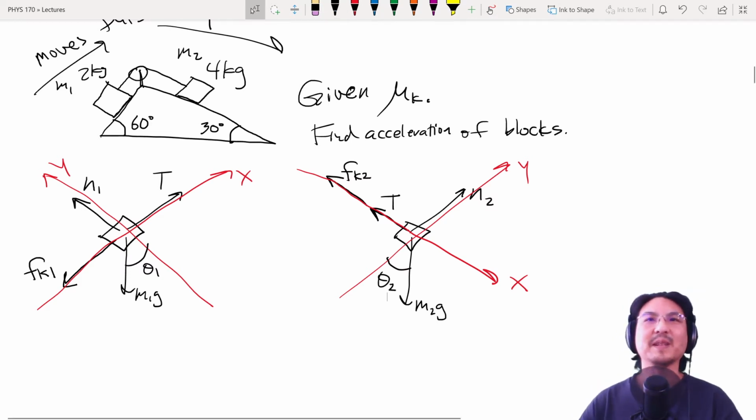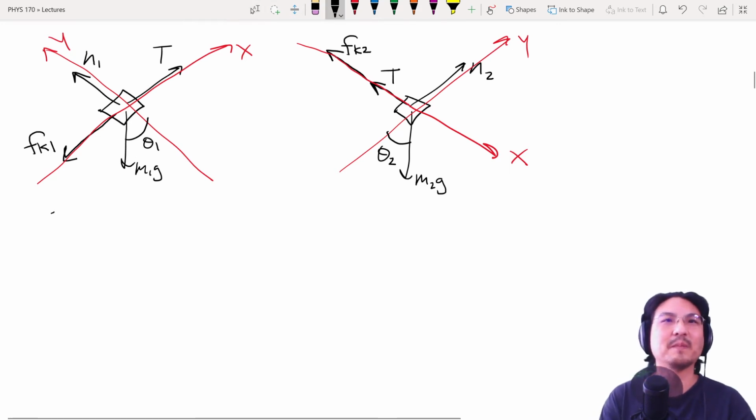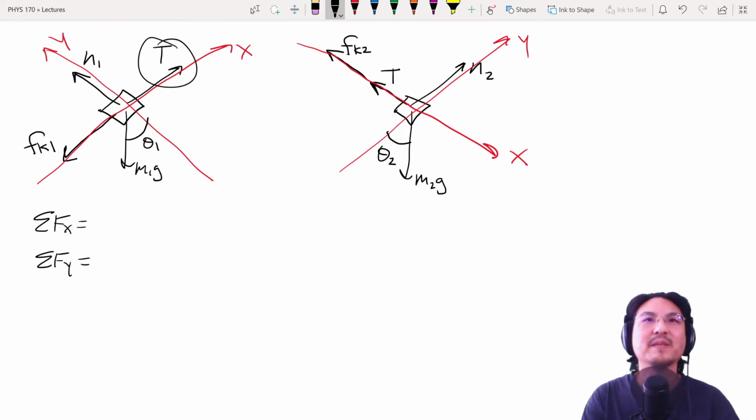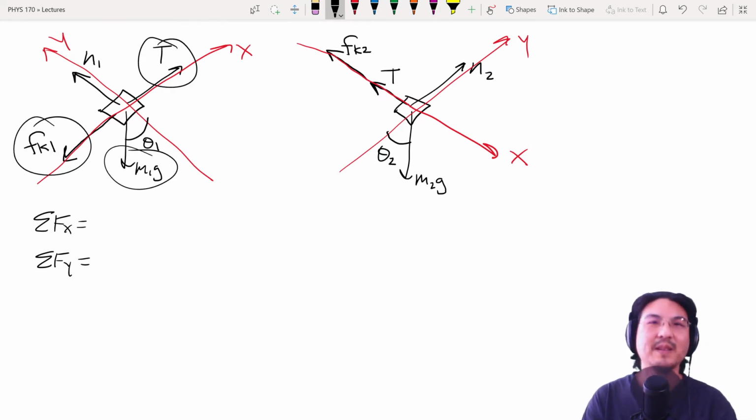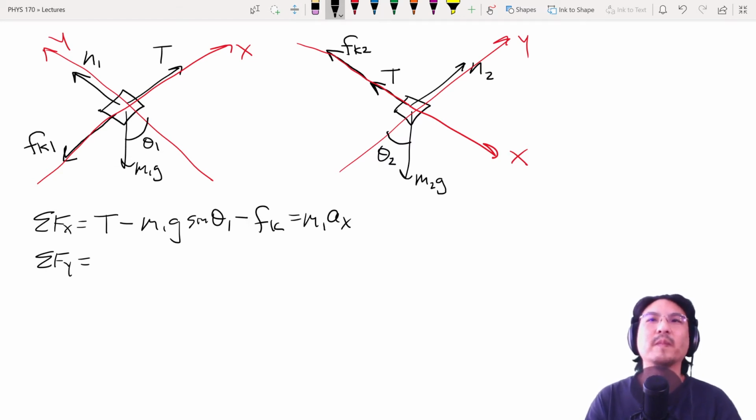Okay, so now let's write Newton's second law based on our 2 free body diagrams. In the x direction, I got this, this, and this. So T is in the positive direction, the weight is negative, and friction is opposite, equals mass times acceleration.